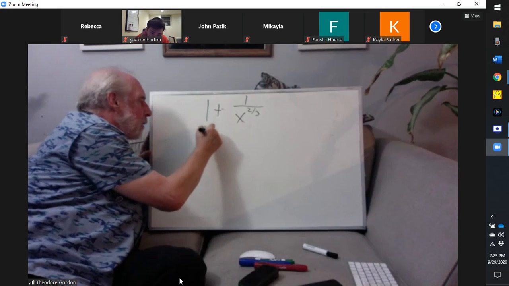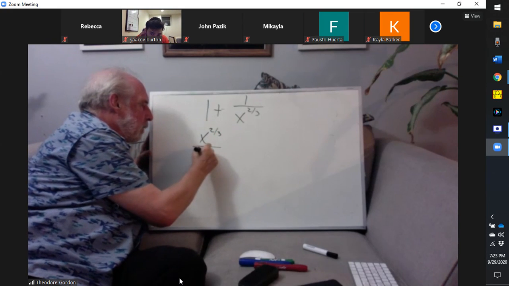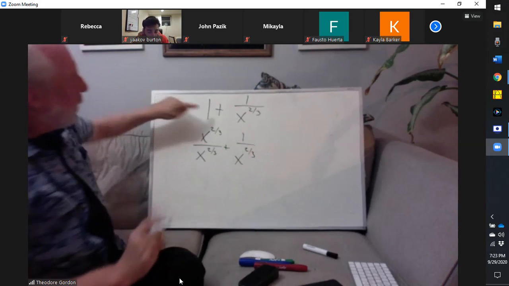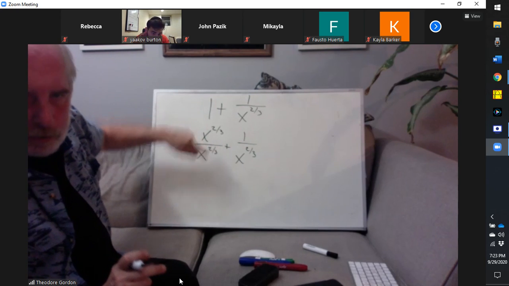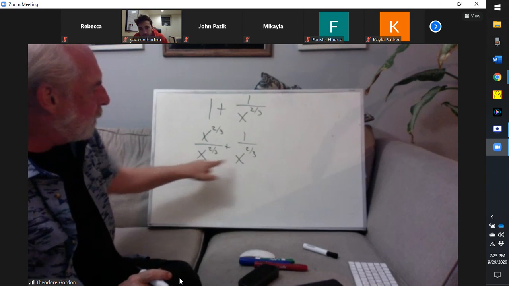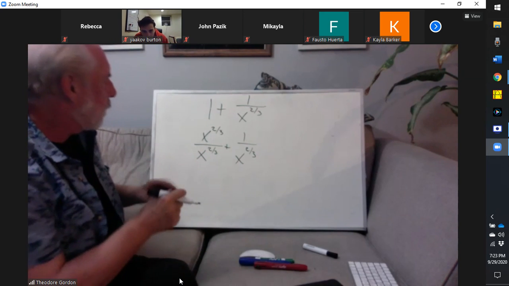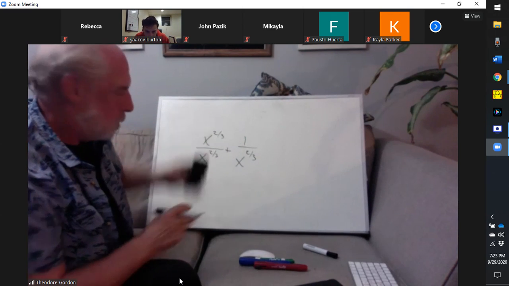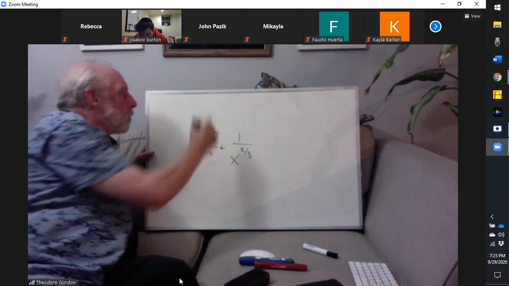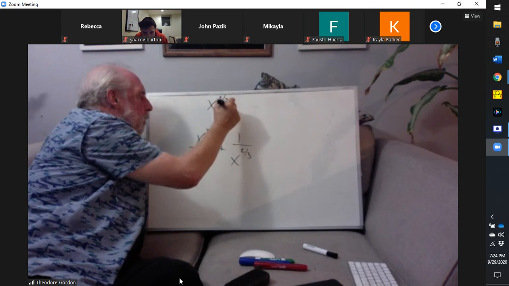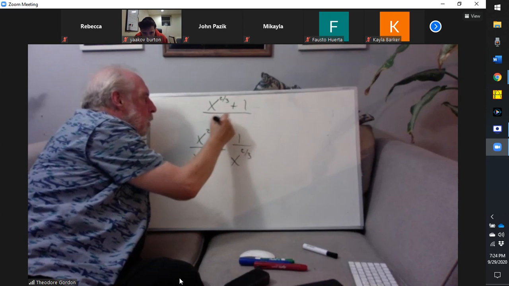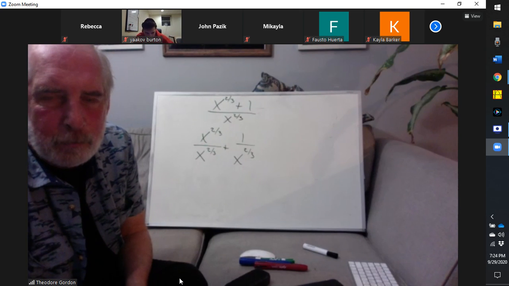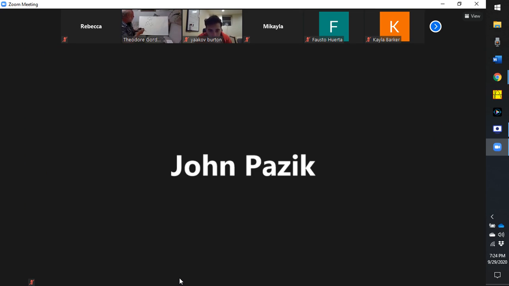So we get x to the 2/3 over x to the 2/3 plus 1 over x to the 2/3, right? So I just changed the number 1 into this structure. And now that they have the common denominator, I can add them together. So we get x to the 2/3 plus 1 all over x to the 2/3. Okay, so far? That makes sense. Yep.